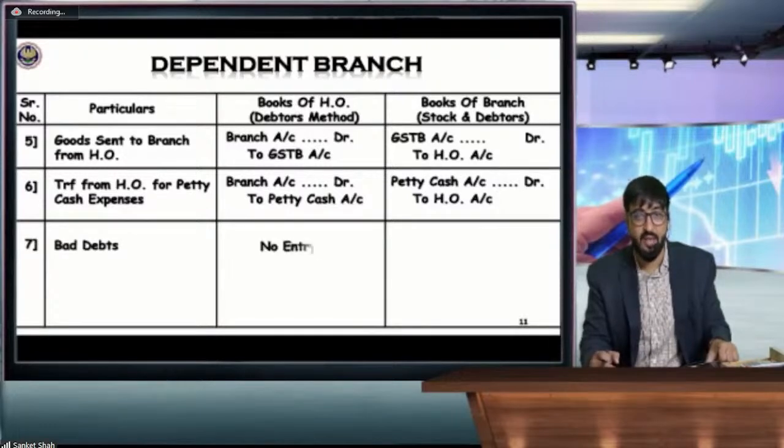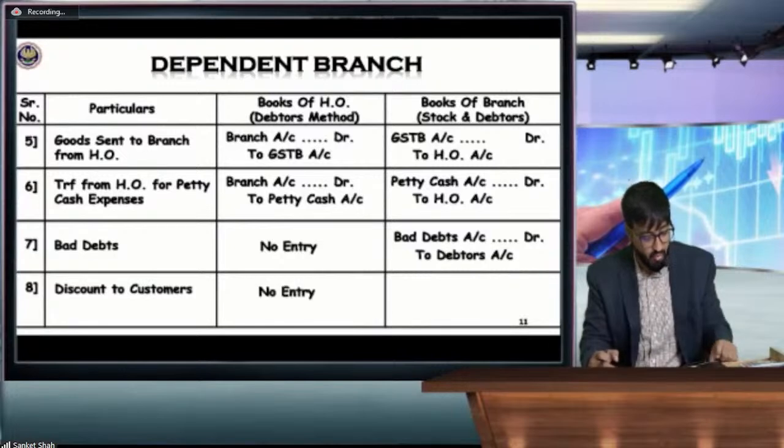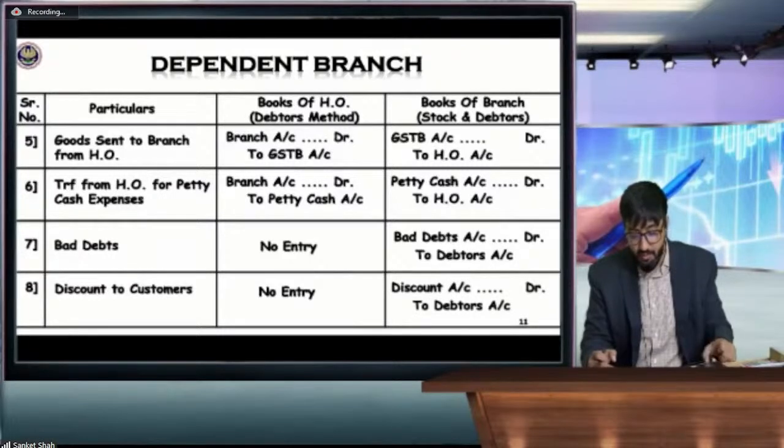Bad debts entry, no entry, and bad debts to debtors. Discount allowed, please revise it quickly. Discount allowed. Discount account debit to debtors. No, beta.